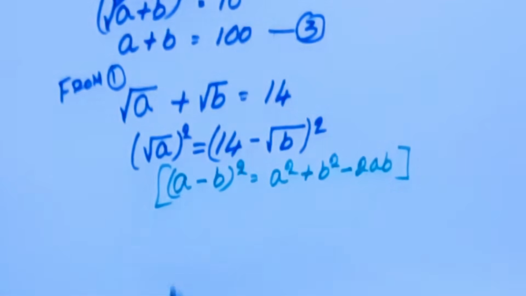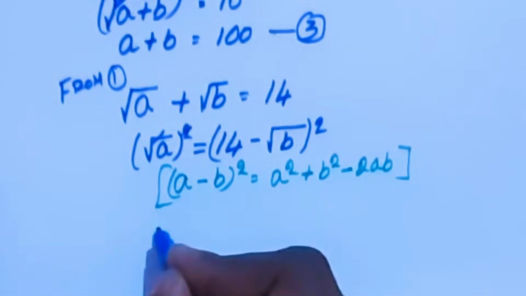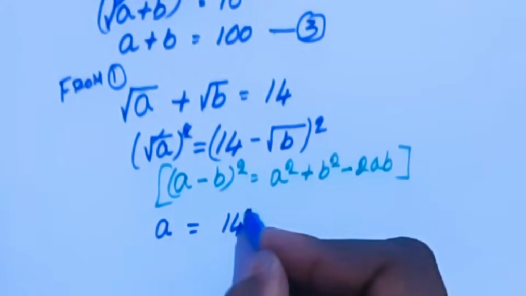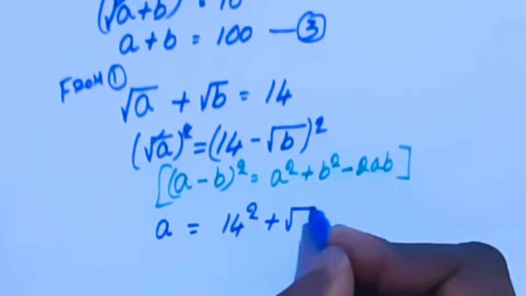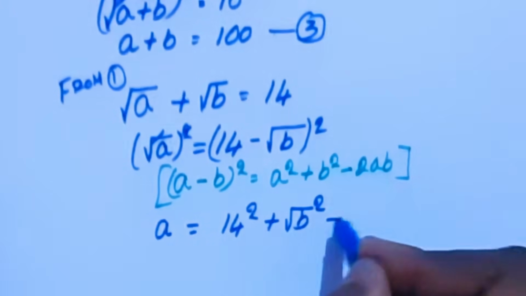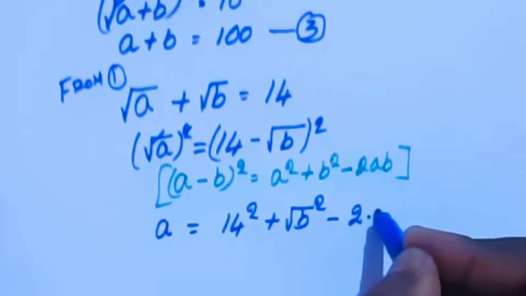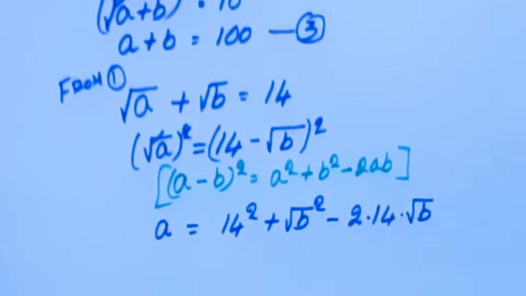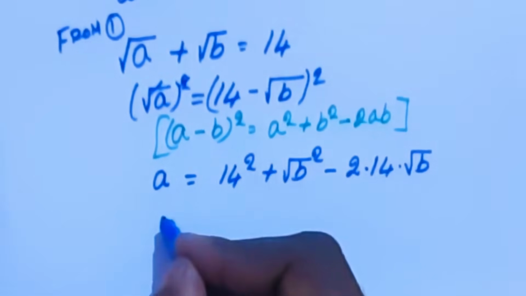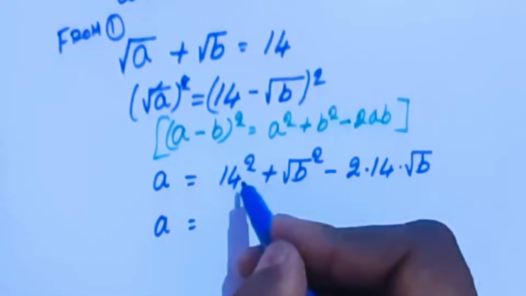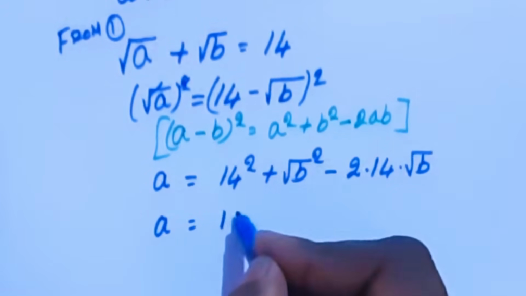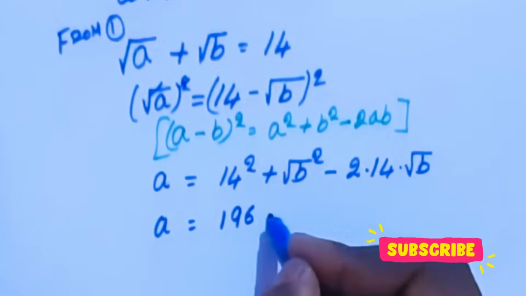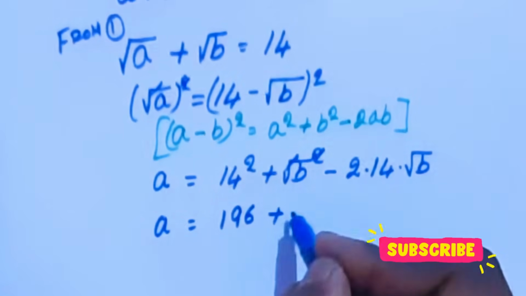So this square and square root will cancel each other. Now we have a equal to 14 square plus square root of b square minus 2 times 14 times square root of b. Now a equal to 14 square is 196, plus this square and square root will cancel each other.